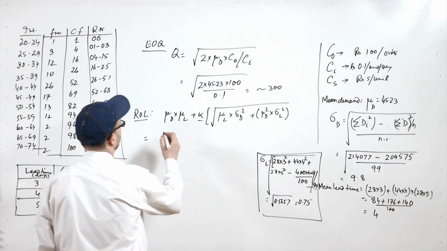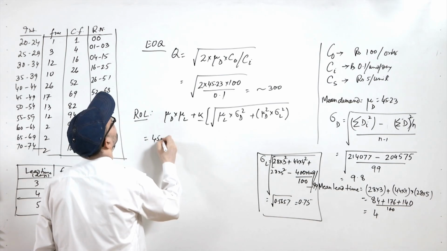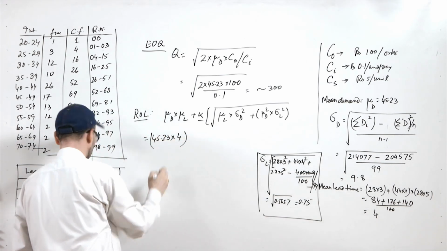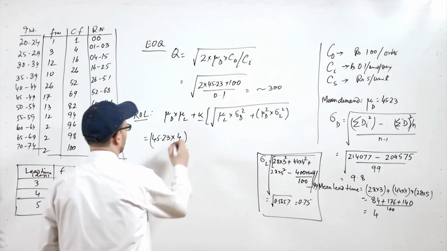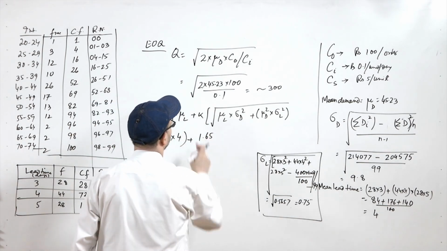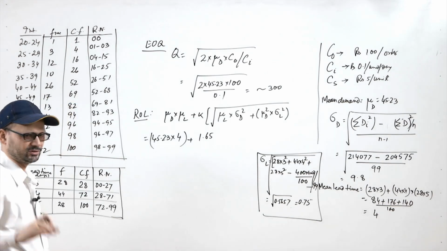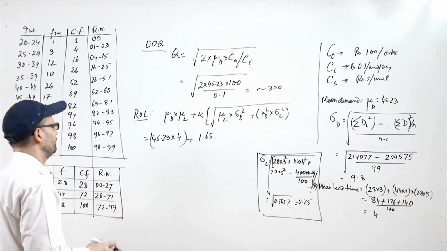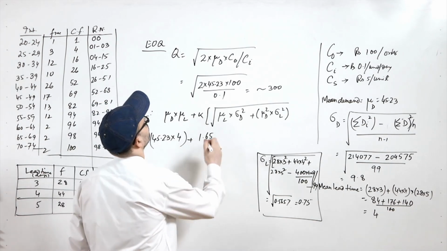So, we take these values again: mu d is 45.23, mu l is 4, plus again 1.65, because we assume 95% probability that there will not be any shortage.